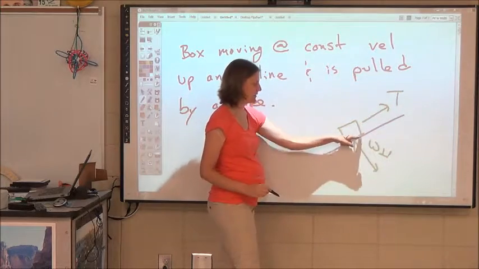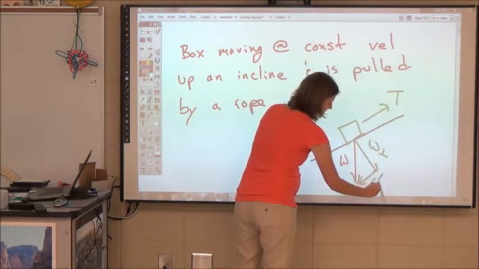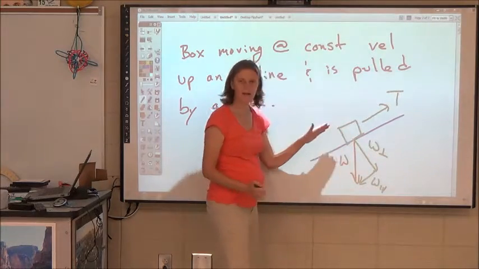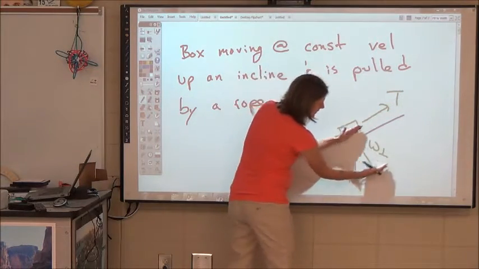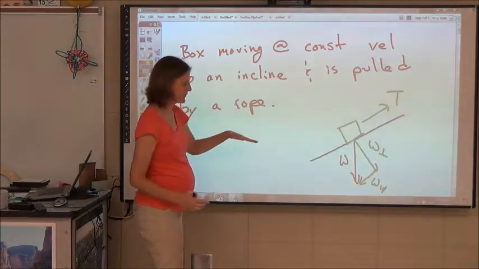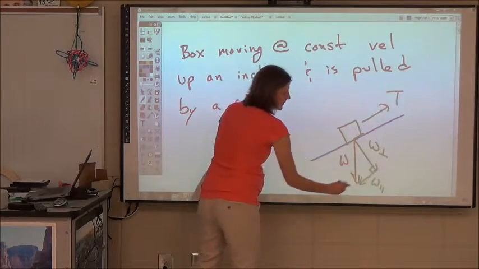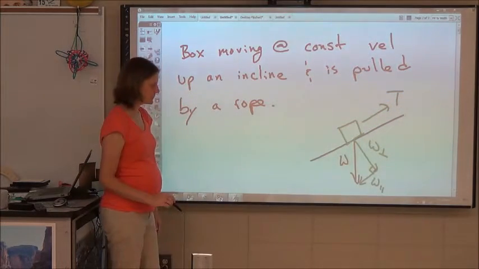Again, perpendicular to the incline, and then from there, weight parallel. And make sure you've tried to line this up so weight parallel is parallel to that incline. Don't make it flat with the ground. You want it parallel to the incline. And this would be your little 90-degree triangle right there.